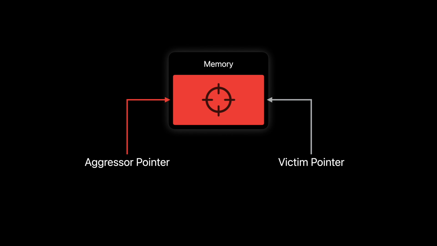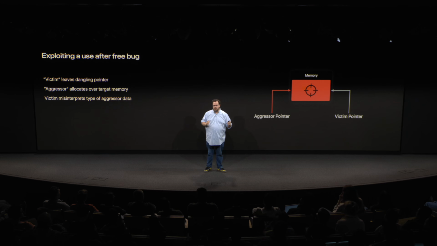This is type confusion. If the aggressor is able to trick the victim into treating attacker-controlled data as a pointer, they can modify unintended memory or even call unexpected code.